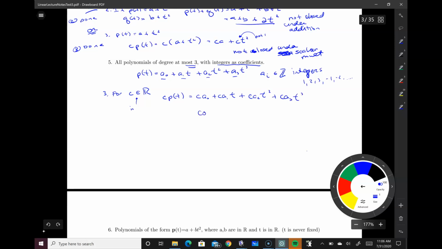And these coefficients no longer have to be integers, because my c is a real number. My c could be a real number like pi, right? Or e. And so pi times an integer is no longer an integer. So this is not a subspace.